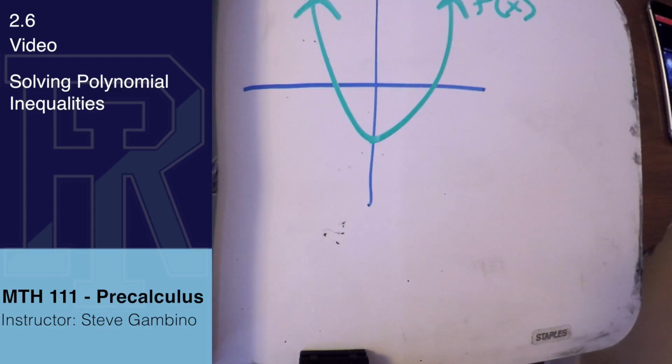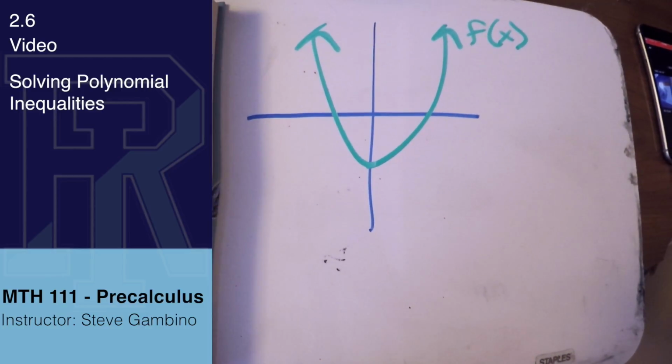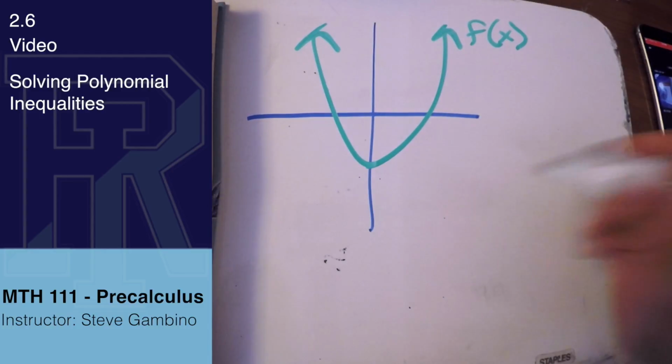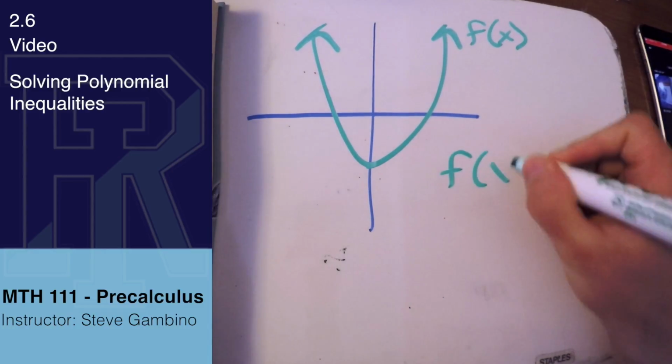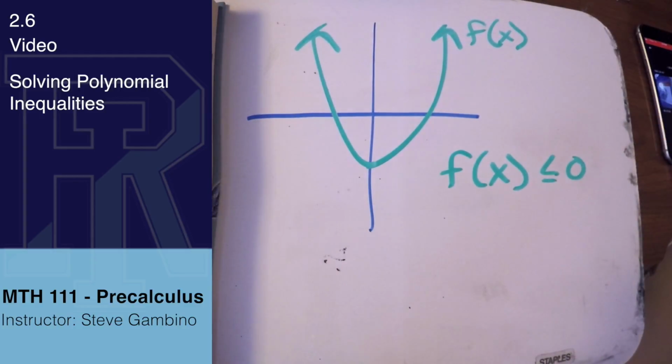We could visualize that with a parabola, and we would want to answer the types of questions like when is f of x less than or equal to 0, for example.